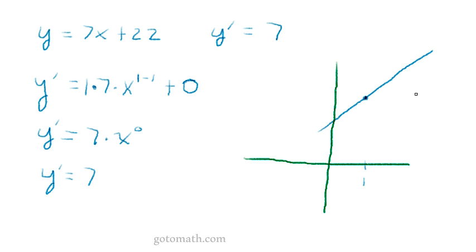Well, the tangent line, which I'll make in green, is actually a line itself. It becomes the line itself. And the slope of this line, this number here, indicates the slope of the line, and the slope of the tangent line is 7. So that's the reason we end up getting 7 here.